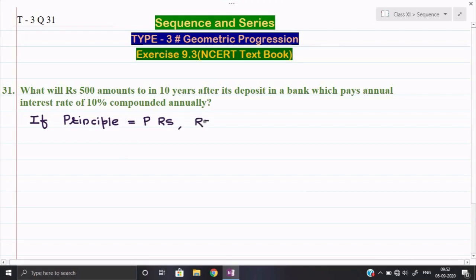Rate is equal to R%, we can say. And time we are taking here T years. So this is the given condition, compounded annually.